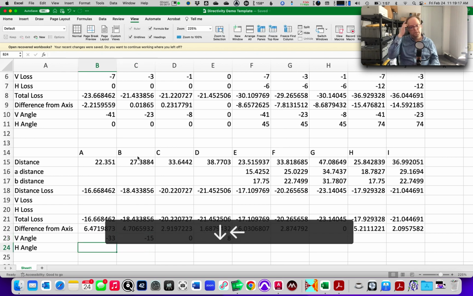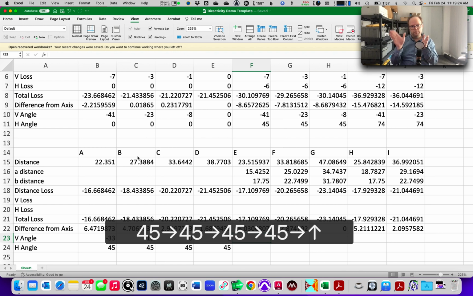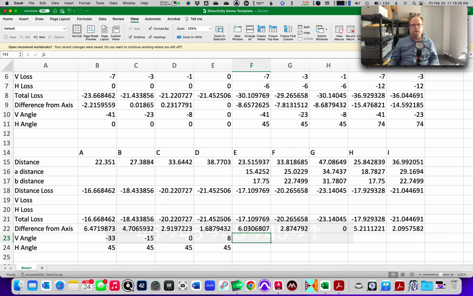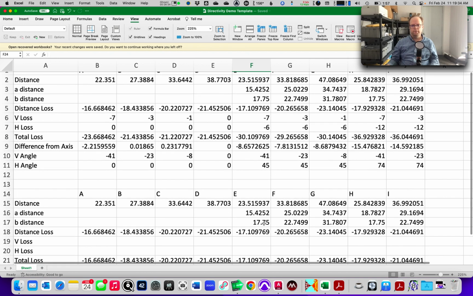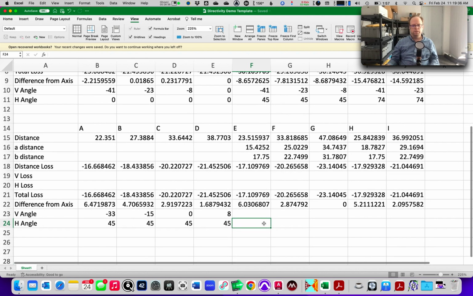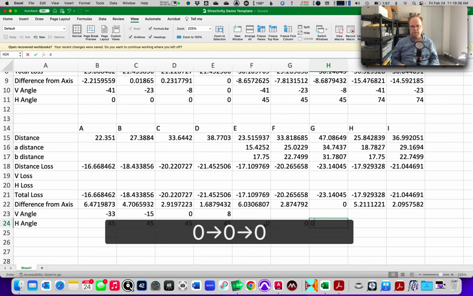Now horizontally, I know it's going to be 45 degrees, because we've rotated it by that much. Now at this point, E, F, and G are going to be 0 degrees horizontal because that's the axis.